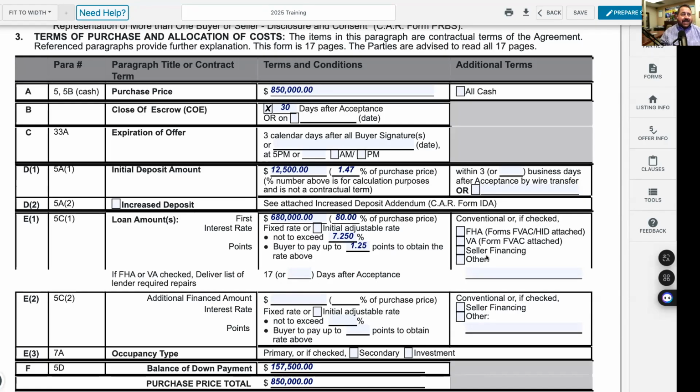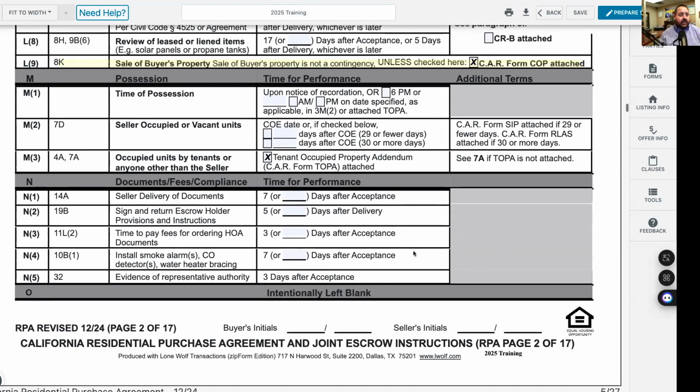perform. Now, as for sellers, the seller has these timelines. Delivery of documents: everything that the seller is required to deliver has to be delivered in that first 7 days, unless somehow it's changed.